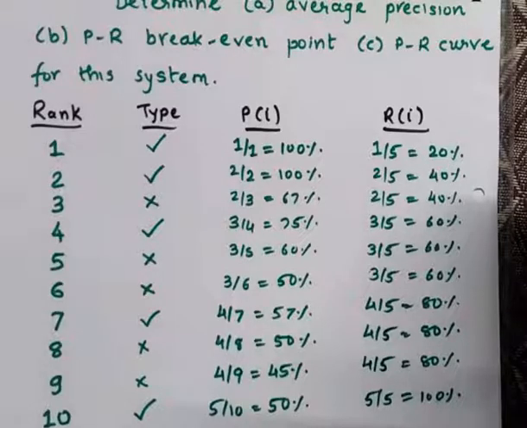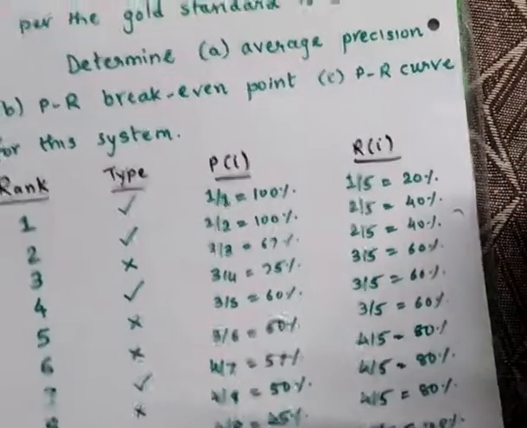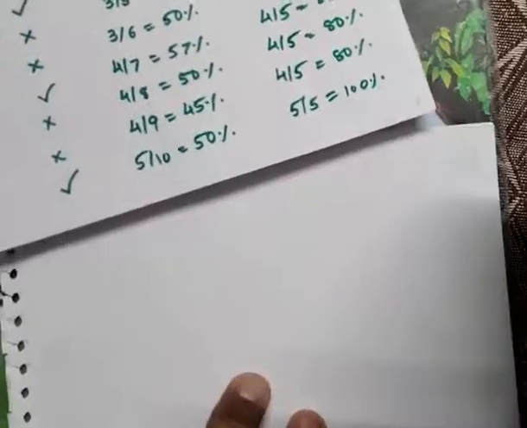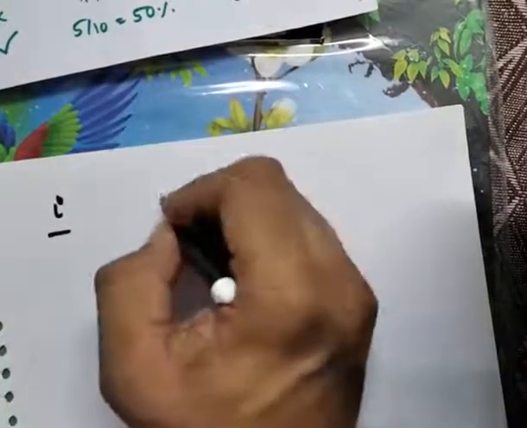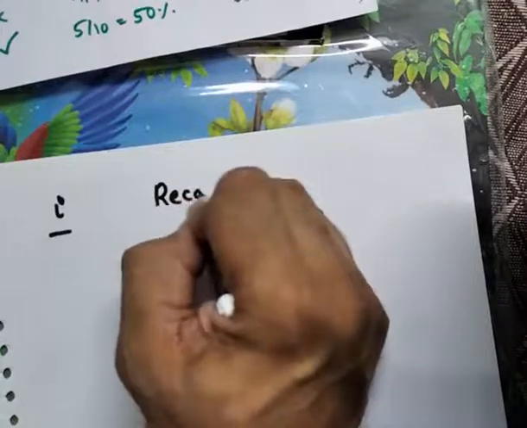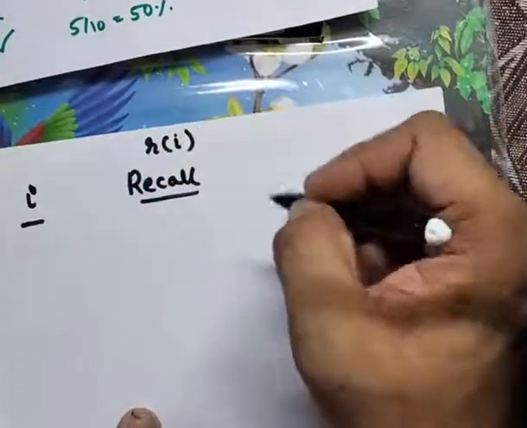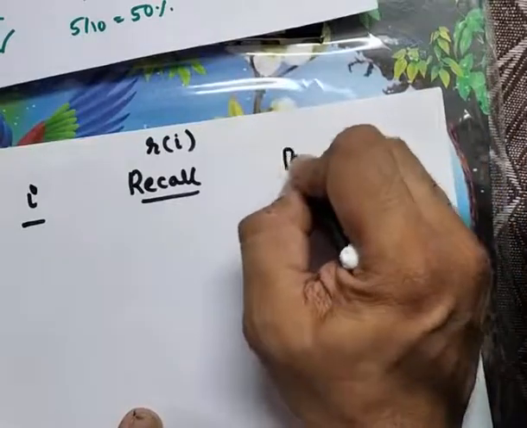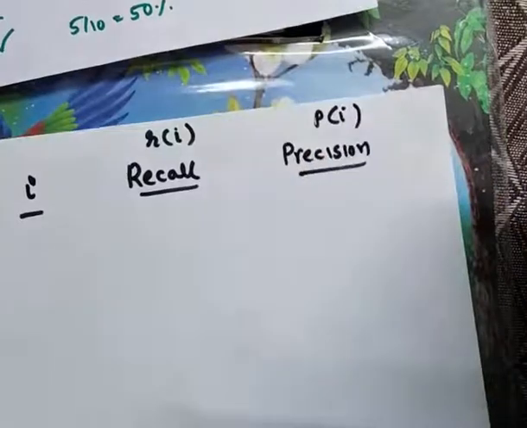Okay, so for that we will have to again prepare one kind of table which will give us the value of different precisions at these 11 recall values. Okay, so let us do that. So i is the rank position, recall or R of i is one of the 11 standard points, and precision at that particular point.